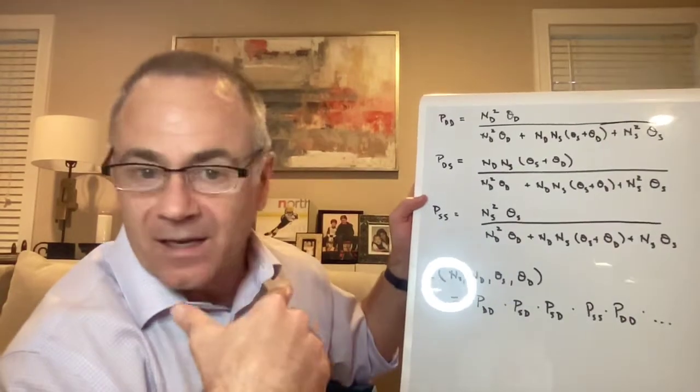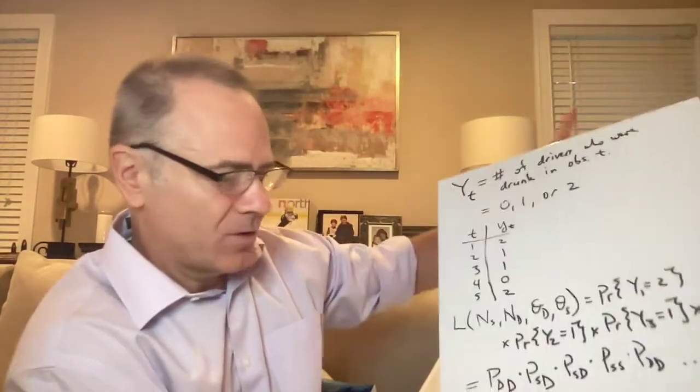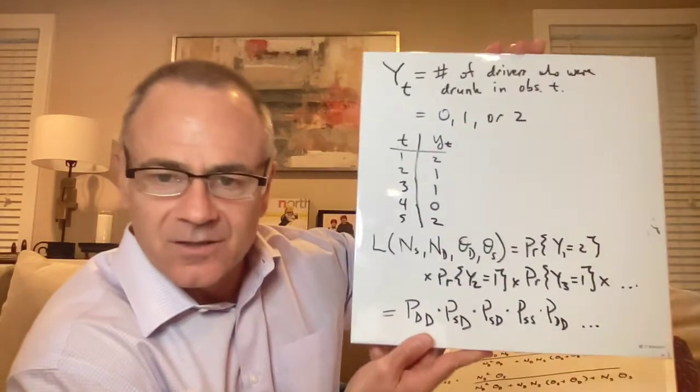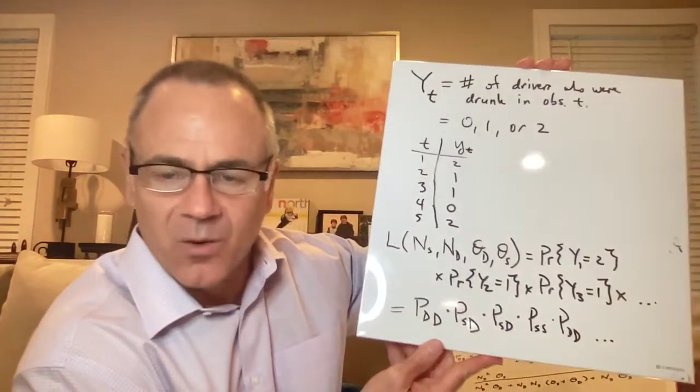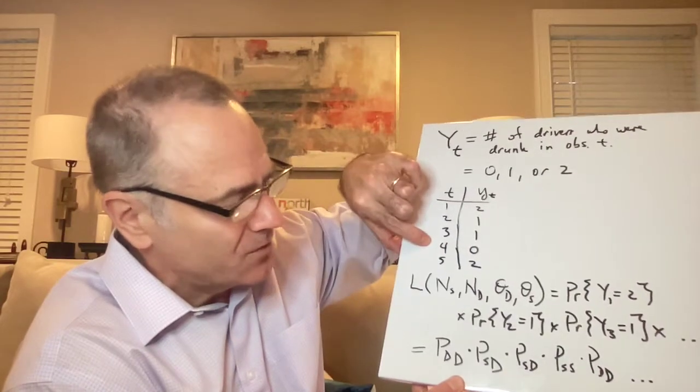Okay, and now we can go back, as I said, and just write it out. You've got the recipe for deriving a likelihood function. So this was the board, and I said this was the data. I suppose that's the first five observations.